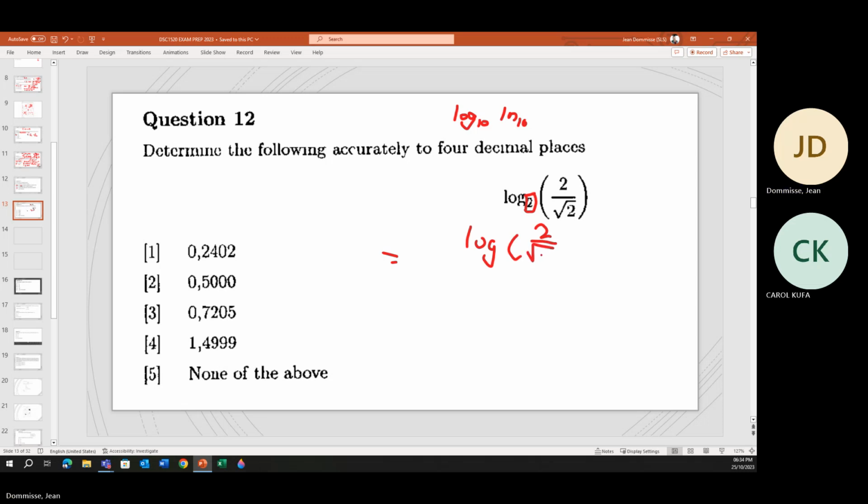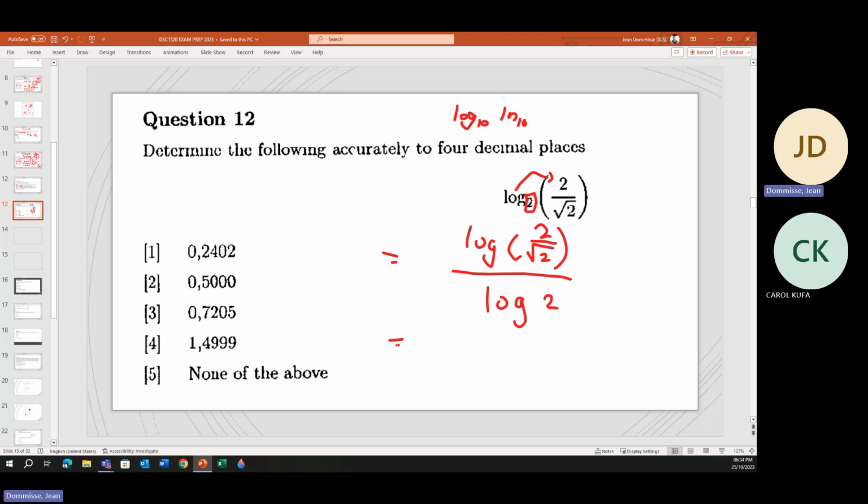Then we just follow the log rules. We take the log of whatever is in the brackets, and we divide it by log 2.